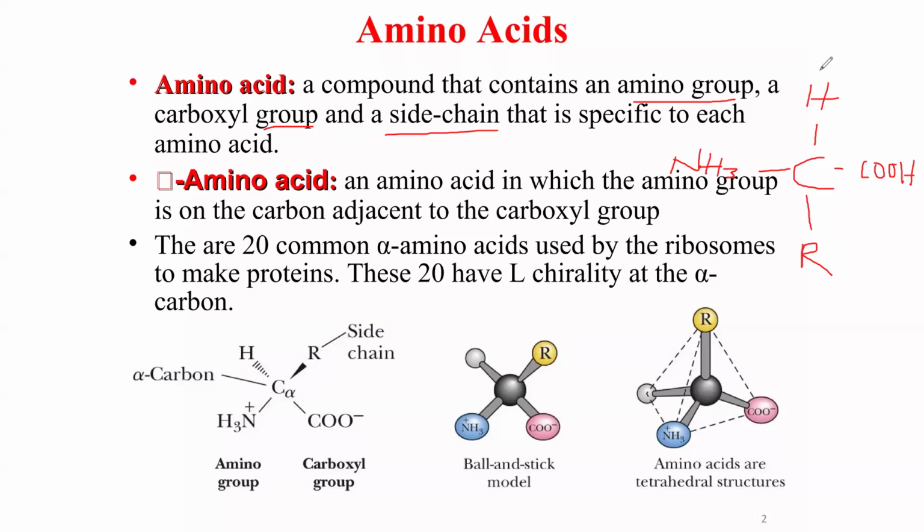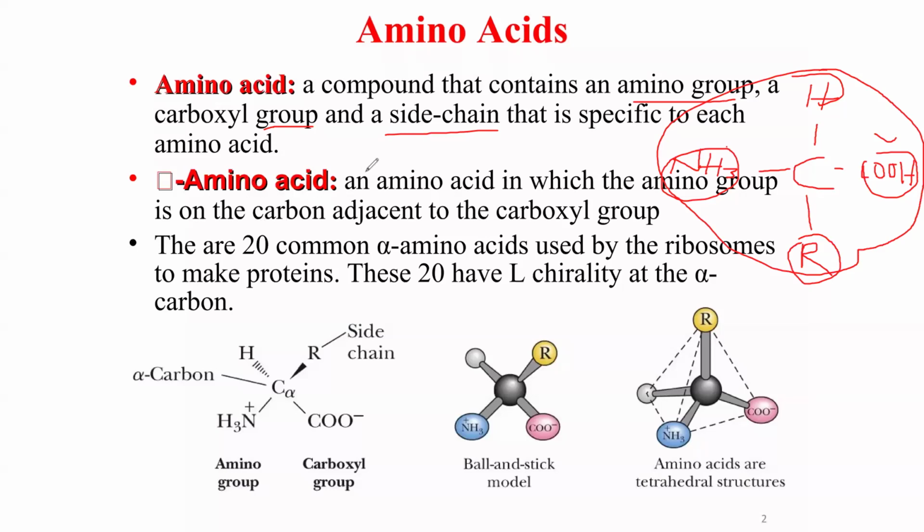So this is how the structure of an amino acid looks. It has an amino group, a carboxylic group, and the free hydrogen, and then the R side chain.